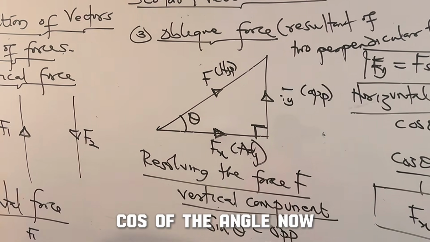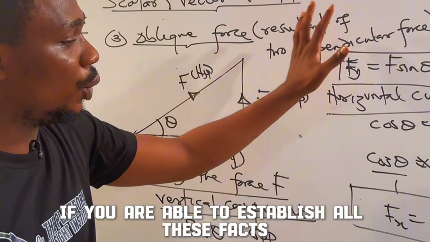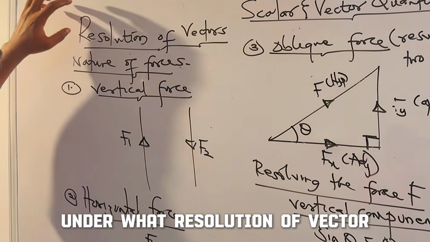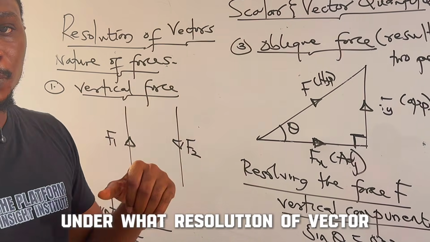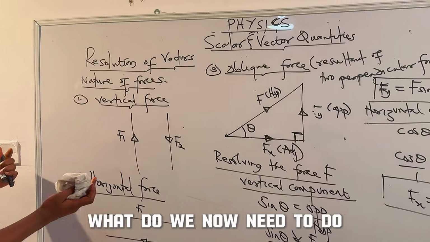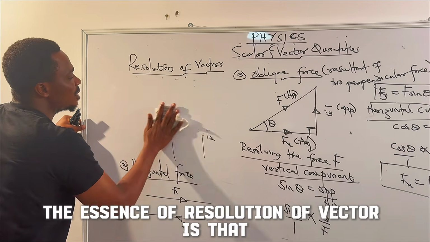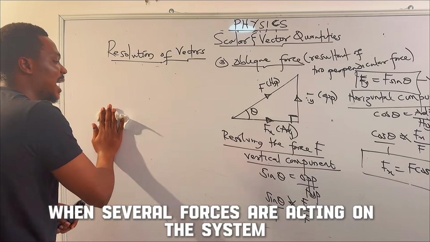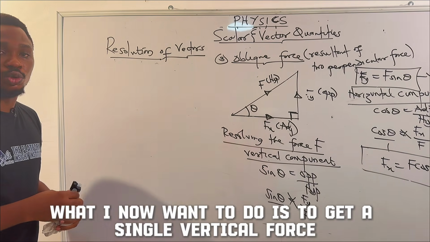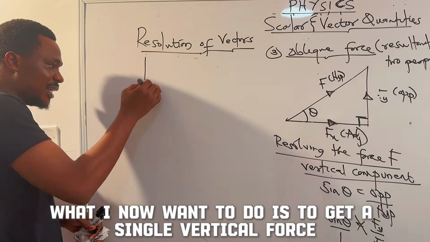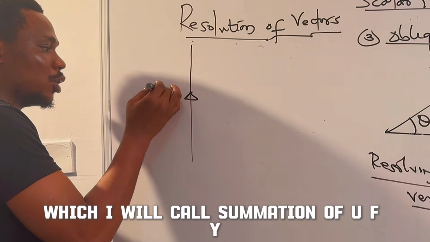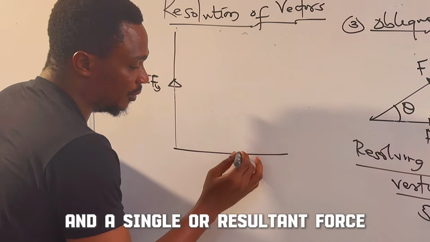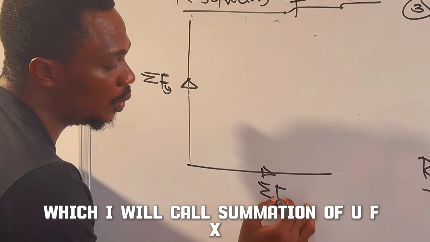Cos of the angle. Now, if you are able to establish all these facts, then our work becomes easy under what? Resolution of vectors. Under the resolution of vectors, what do we now need to do? The essence of resolution of vectors is that when several forces are acting on the system, what I now want to do is to get a single vertical force, which I will call summation of Fy, and a single horizontal force, which I will call summation of Fx.